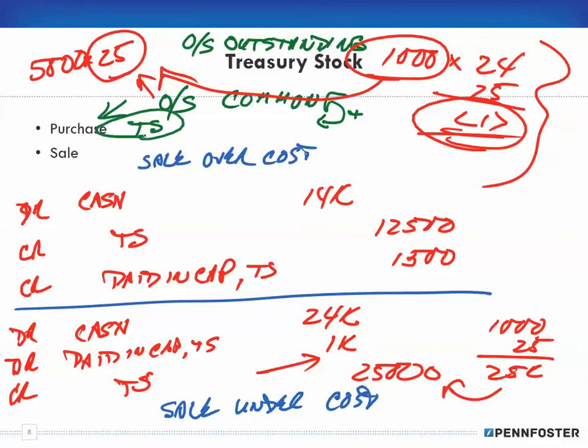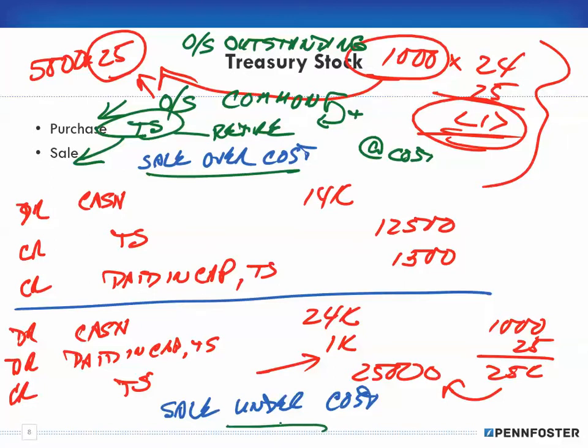Now, when it's in the form of treasury stock, we have two choices. We can either sell it back into the marketplace, or we can retire it. If we sell it back, we can sell it at cost, which you saw the journal entry for before I erased it, so go back and watch the video again, or we can sell it over cost, or under cost.